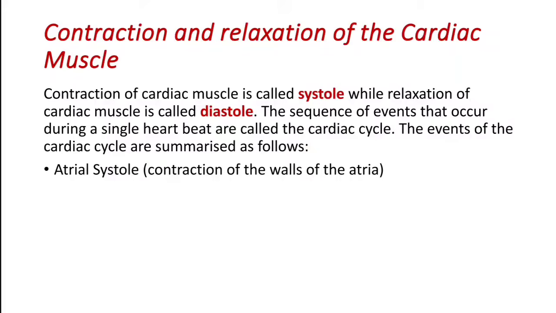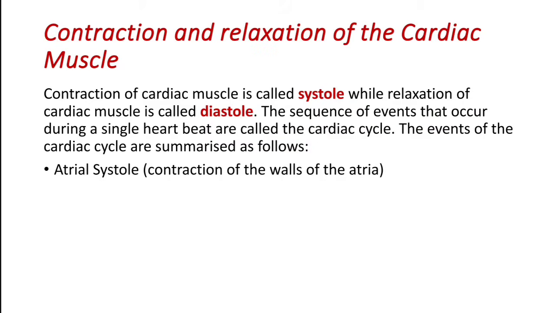So when the walls of the atria contract, that is known as atrial systole. The contraction of the atrial walls. Sweet. I hope you're following me, my excellent biology student, because there is something important here.